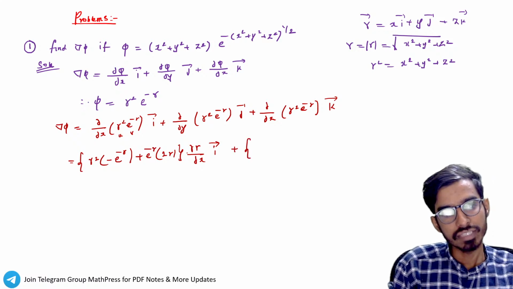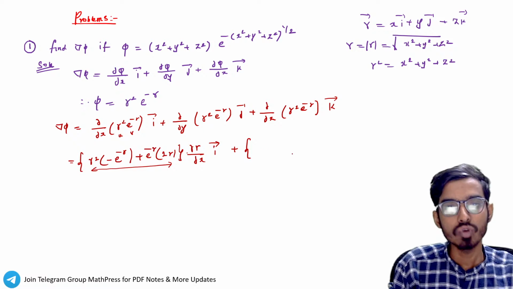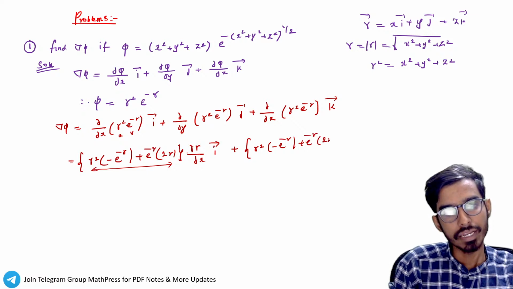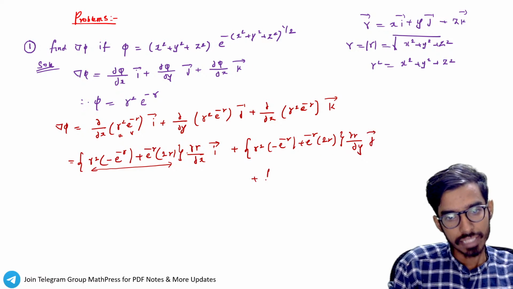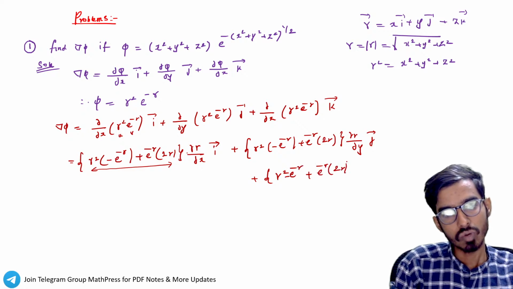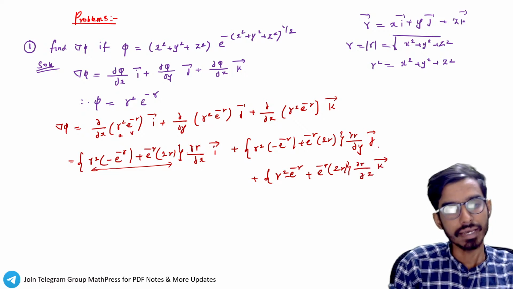Now similarly, the same here also. So these terms will remain as they are, right? Here we have ∂r/∂y. So r² times minus e^(-r) plus e^(-r) into 2r ∂r/∂y, j vector, plus r² times minus e^(-r) plus e^(-r) into 2r ∂r/∂z into k vector, right?